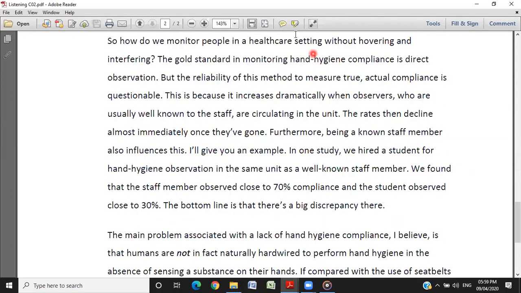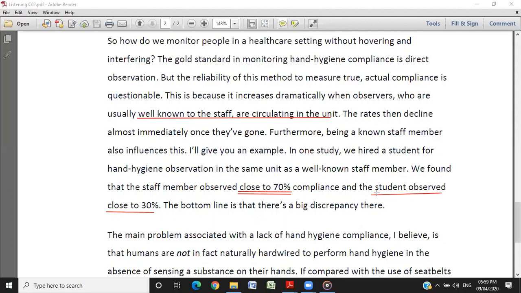In one case, they had a known staff member, and in the other case, they had a student. So the compliance level varied. It was 70% for the known staff member and 30% for the student.